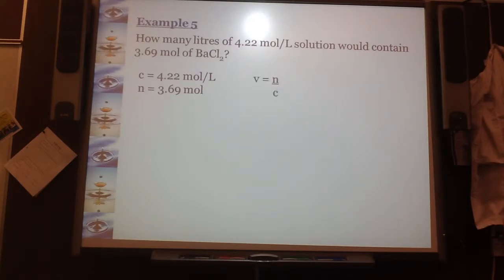To solve for liters, or to solve for volume, you rearrange for N over C. So V is equal to 3.69 moles divided by 4.22 moles per liter. So we get 0.874 liters.